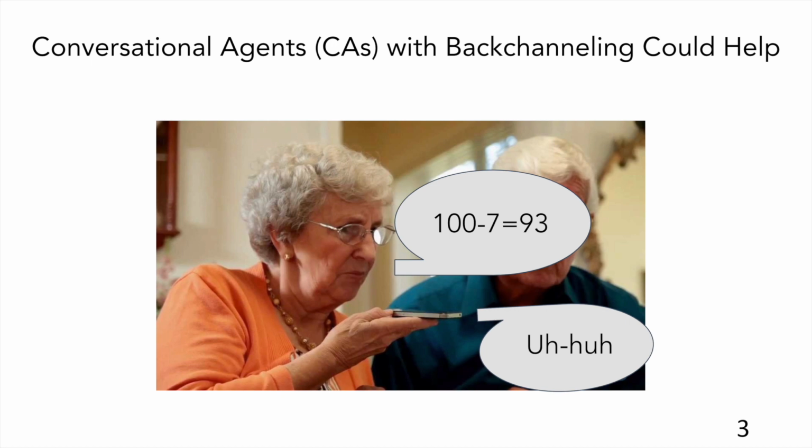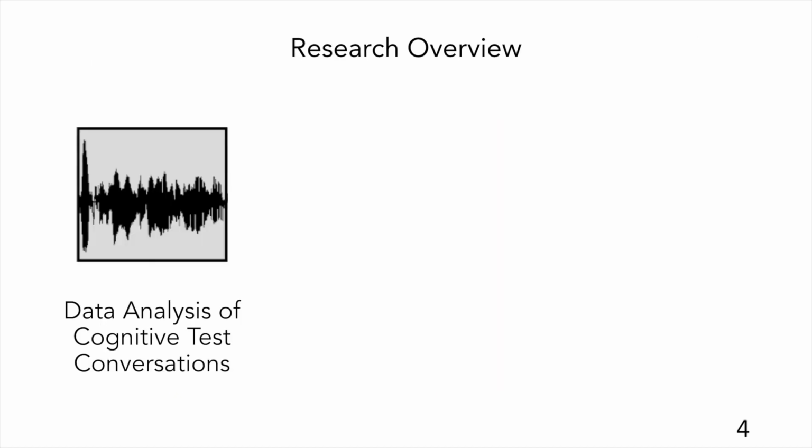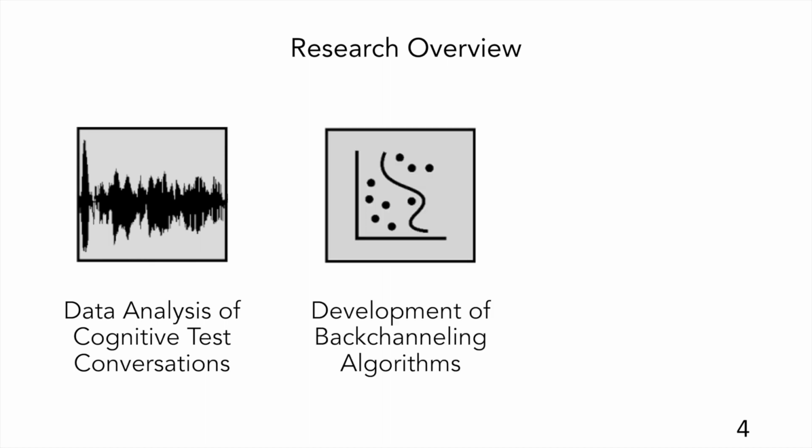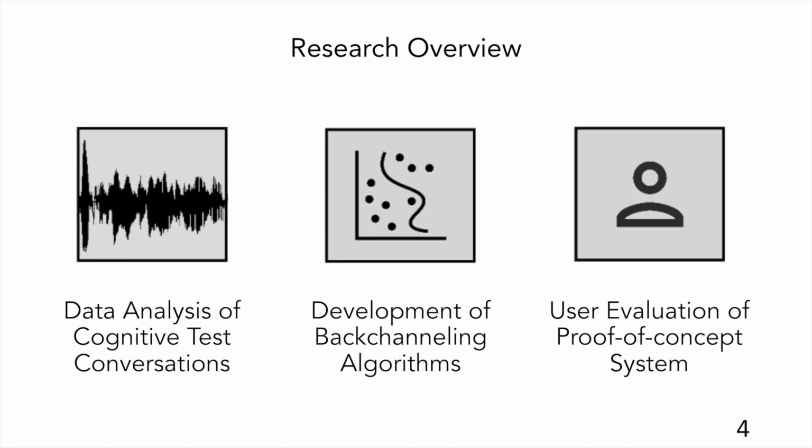As an initial step, this paper presents research in developing the backchanneling ability in CAs in the form of a verbal response to engage the speaker. This study includes 3 stages: data analysis of real-world cognitive test conversations, development of backchanneling algorithms, and user evaluation of a proof-of-concept system. The language we studied was Cantonese, a low-resource language.